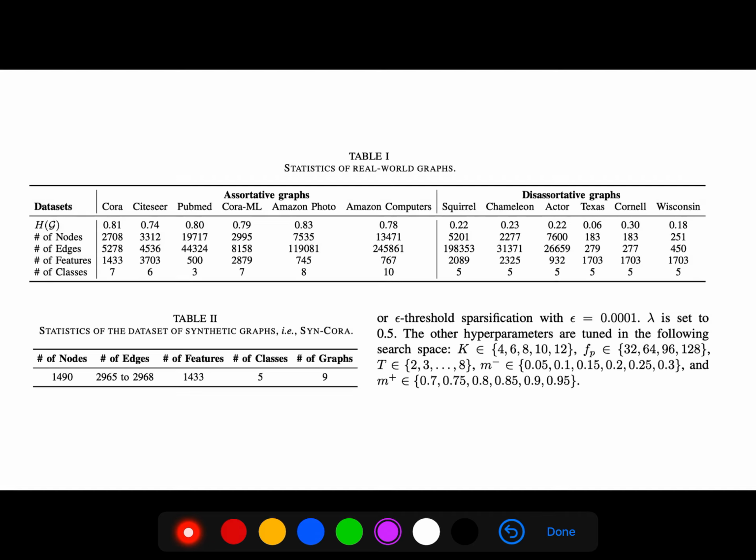They did experiments on Chameleon and Squirrel, which have high heterophily, very disassociative. And they compare it. They have also assortative graphs, which is easy.